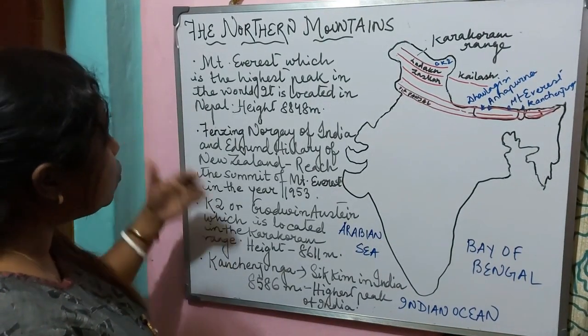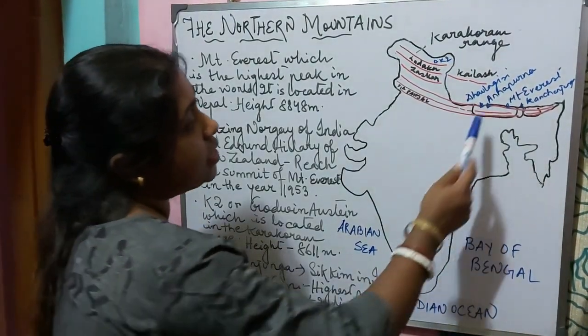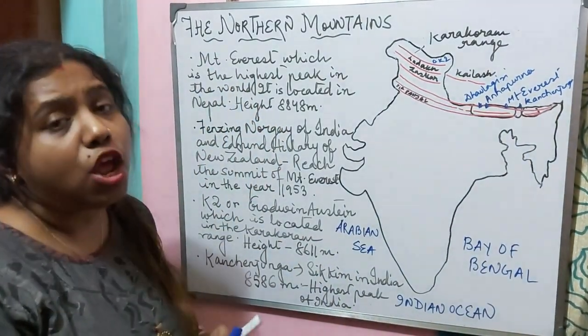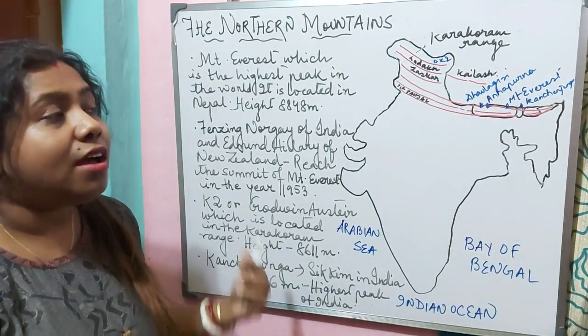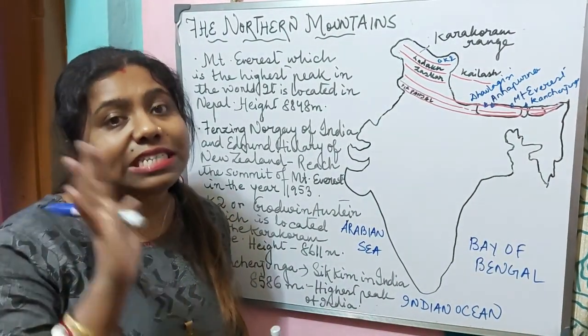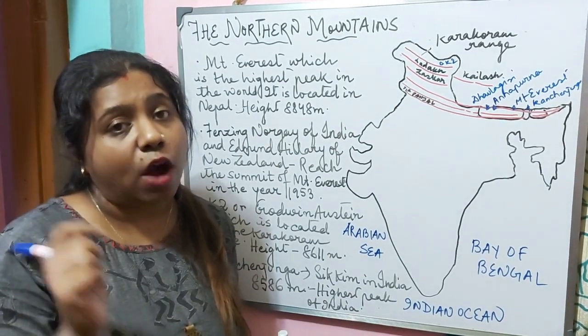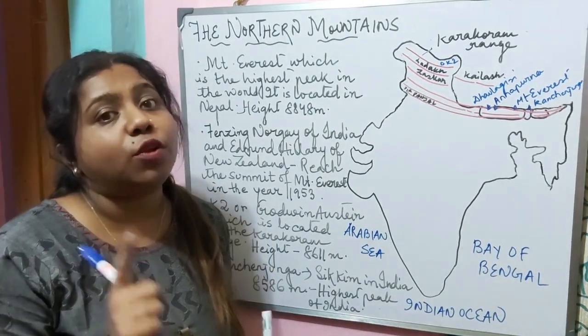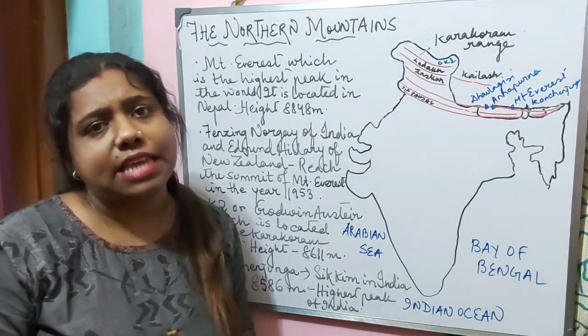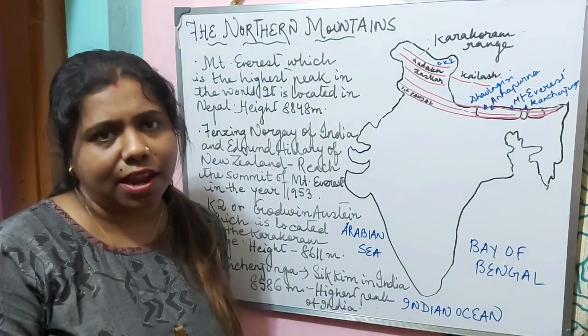Not only these three peaks, but also we can find Dhaulagiri, Annapurna, and other peaks located in the Himalayas. As I told you before, there are 10 highest peaks, and out of these 9 are located in the Himalayas, right?